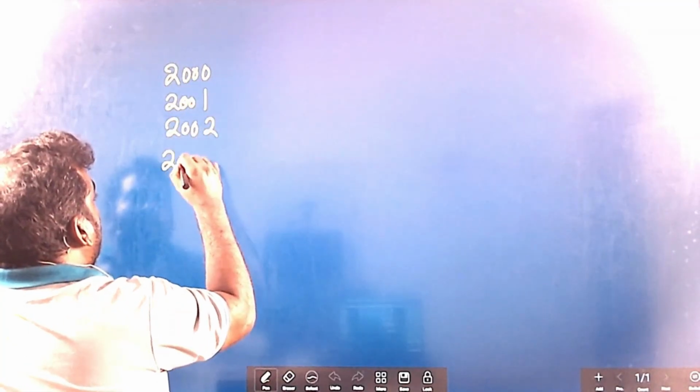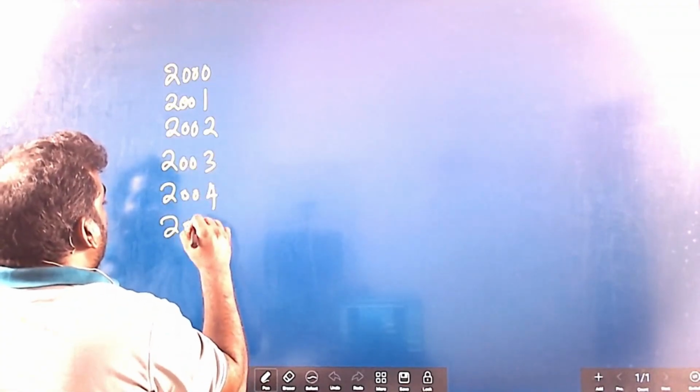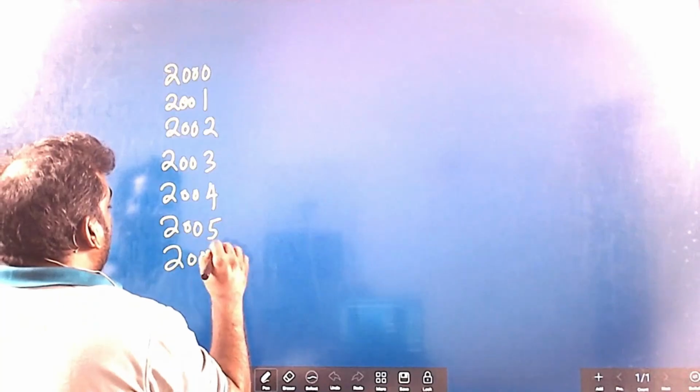Okay. Look at this carefully. So 2000 A level, 2001 A level, 2002 A level, 2003, 2004, 2005, 2006.